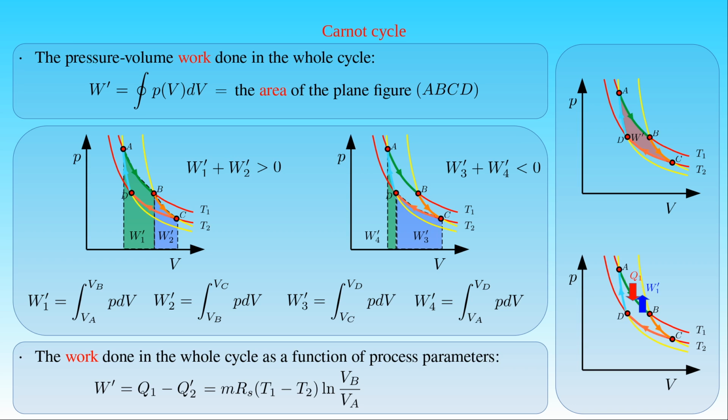In the second process, where the gas undergoes an adiabatic expansion between the states B and C, there is no exchange of heat but the expanding gas still does the pressure-volume work W'2, which reduces the internal energy of the system.